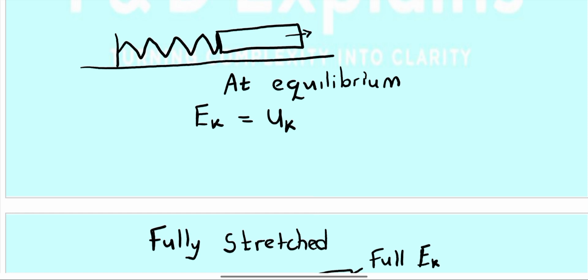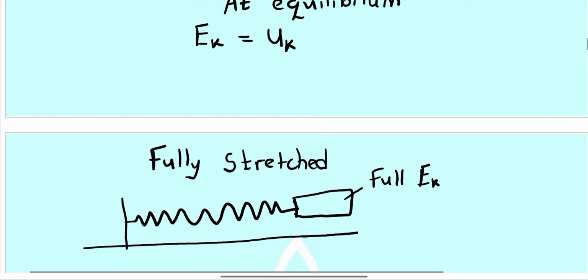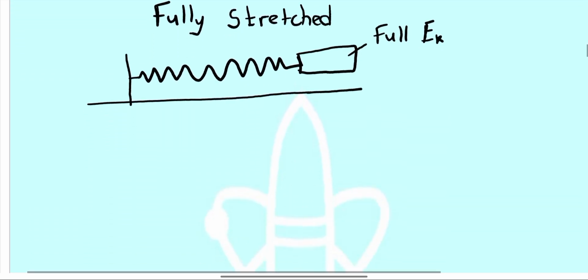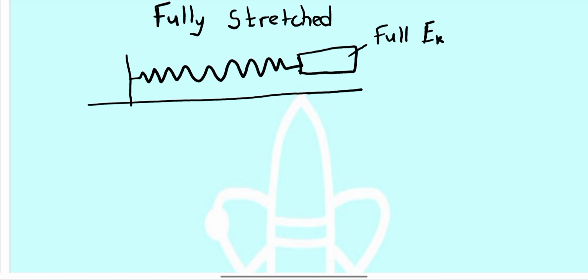The other thing that you have to pick up with regards to this oscillation: I've already talked about the equilibrium position, in which kinetic energy equals potential energy.